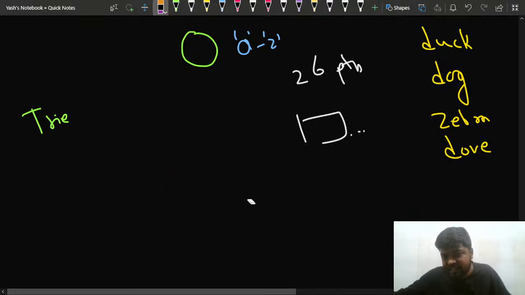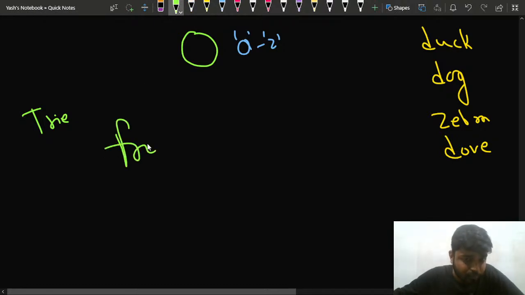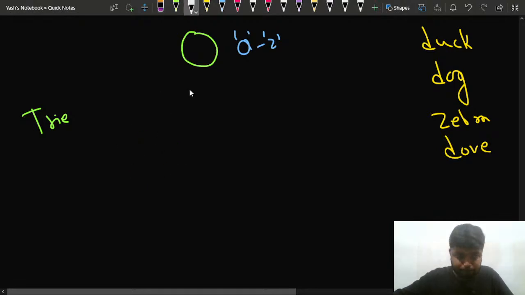Another thing that a trie can have is frequency. Like how many words are there which have this particular alphabet included in them?